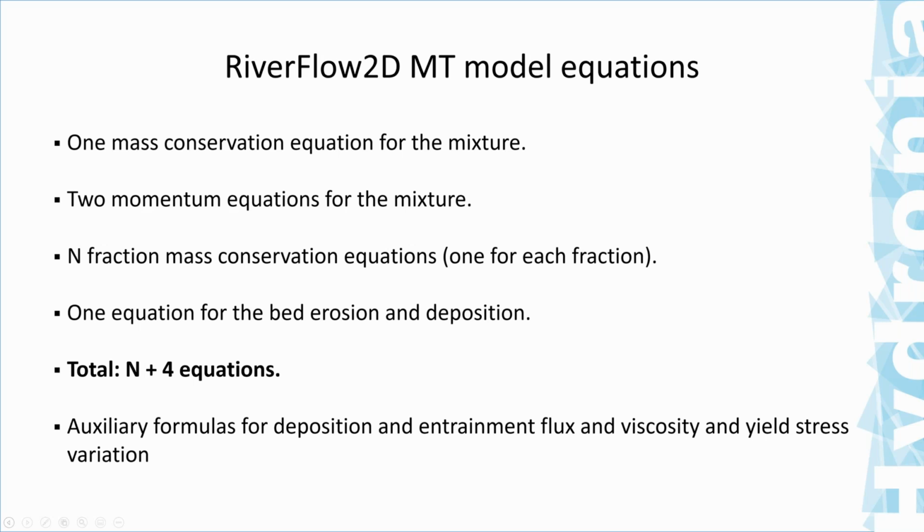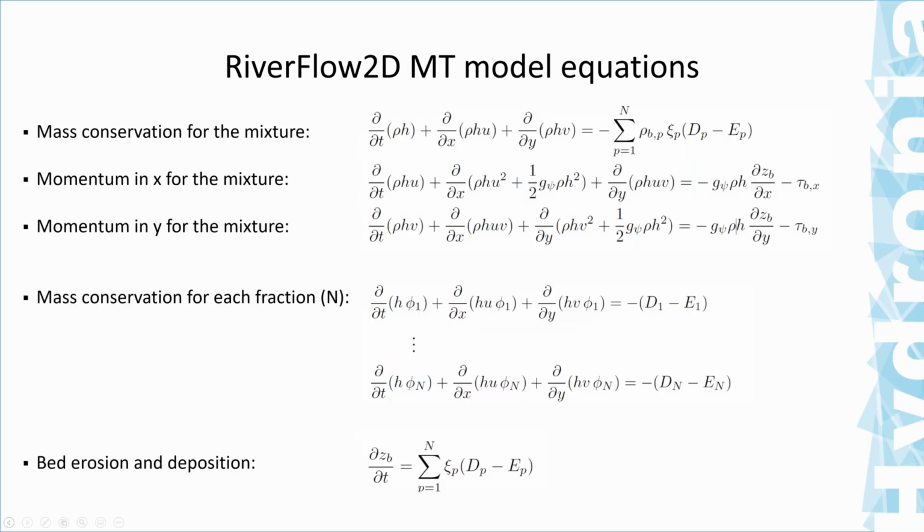In addition to that, we have auxiliary formulas for deposition and entrainment flux and viscosity and yield stress variation, as I will show you. So in more detail, we have a mass conservation equation for the mixture. And here we have the density and depth and velocity U and V, the components of the velocity.